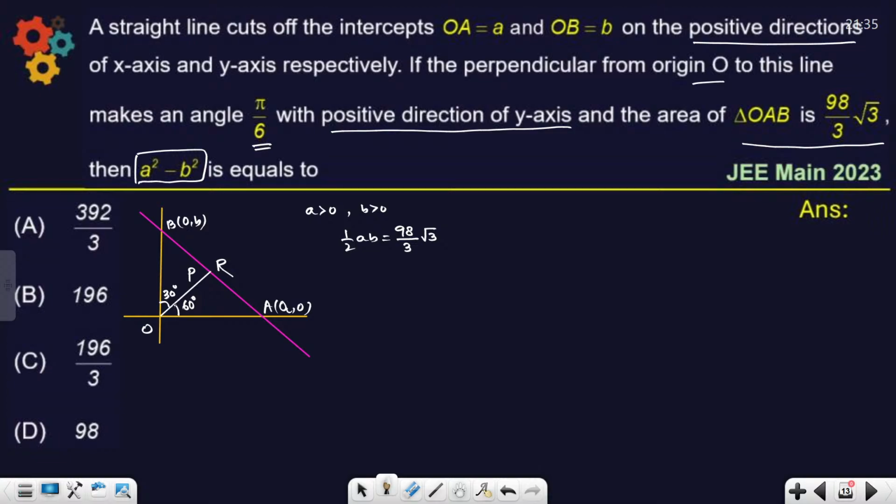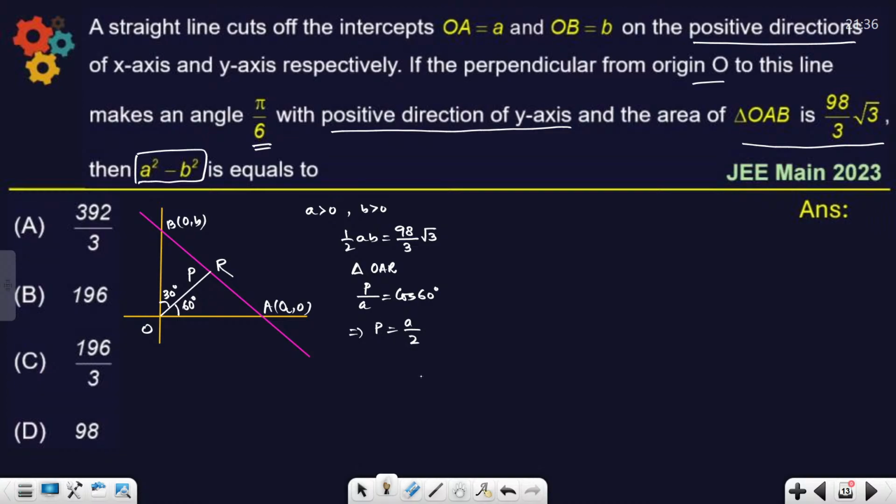Now, if this length is P and this angle is 60, now if we consider the triangle OAR, then P over A is basically cos 60 degrees. So P is, cos 60 is half, so P is nothing but A over 2.